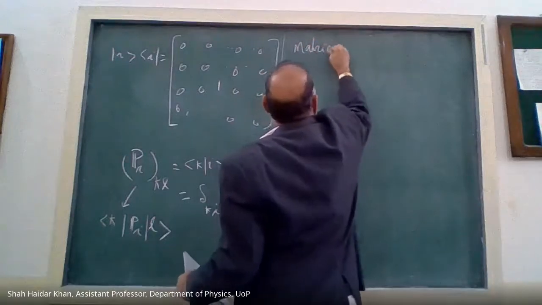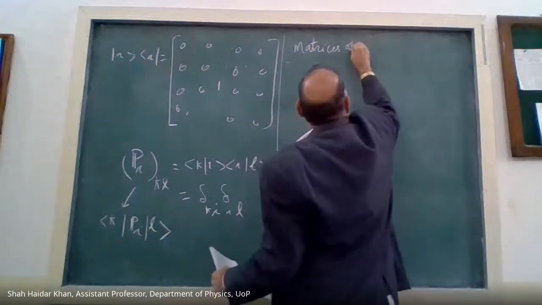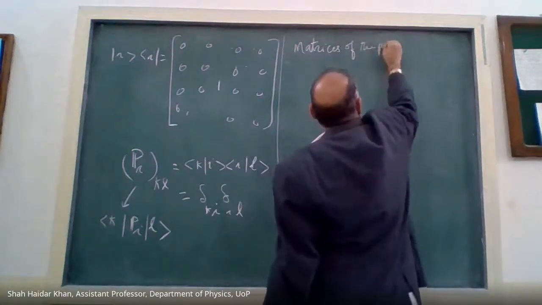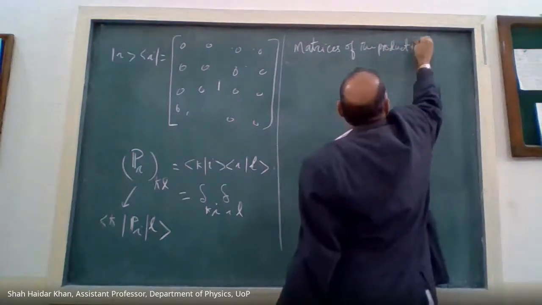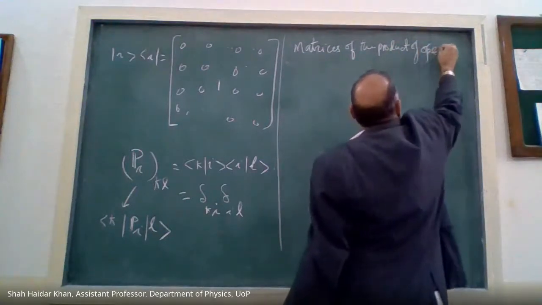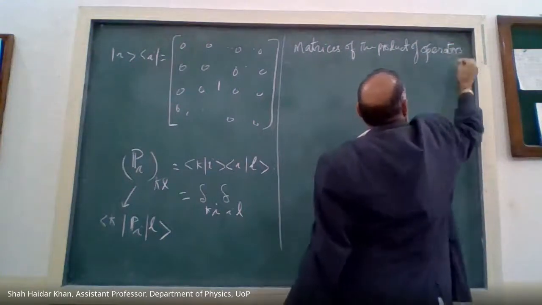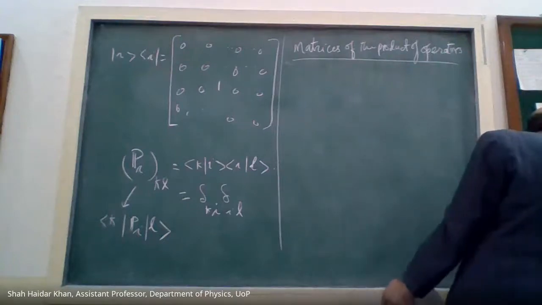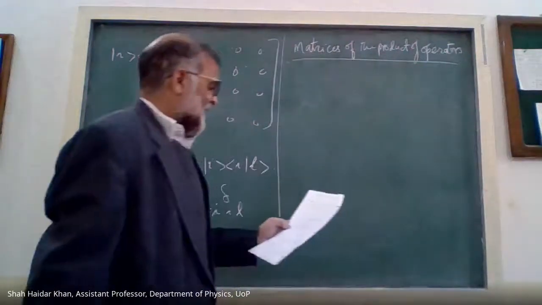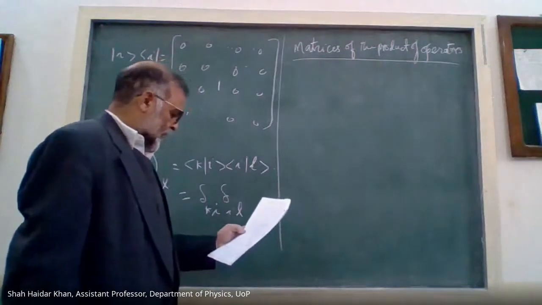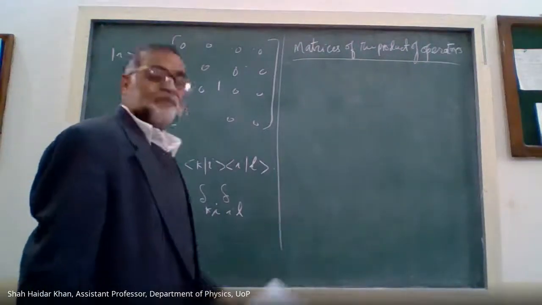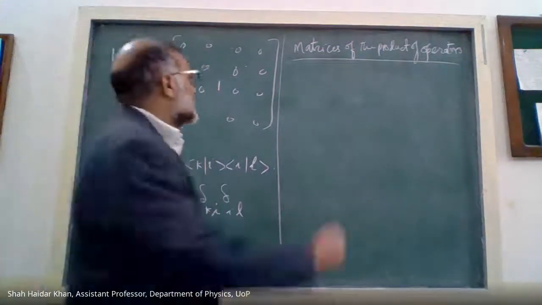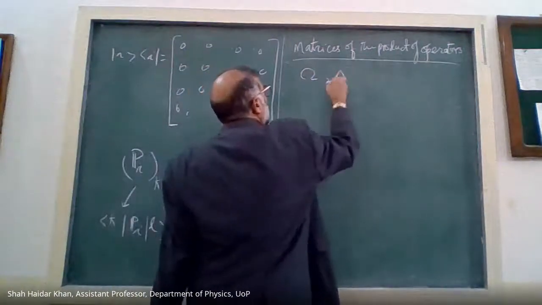Matrices of the product of operators. Suppose we have a product of two operators, omega and lambda.